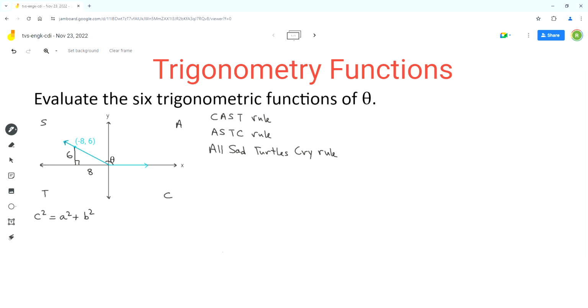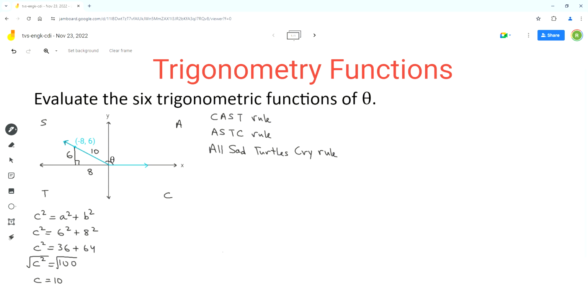For this triangle, we can use A as 6 and B as 8. Now we can apply square root to both sides. I get C equals 10. So this is the length of the hypotenuse.